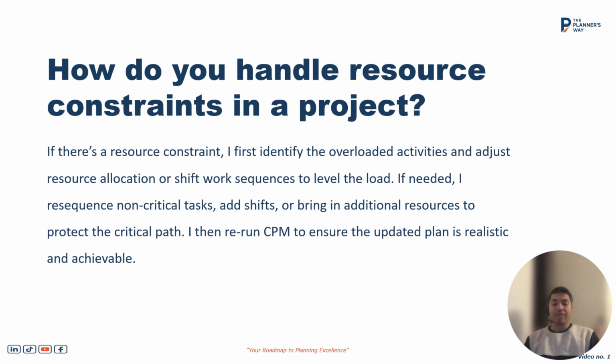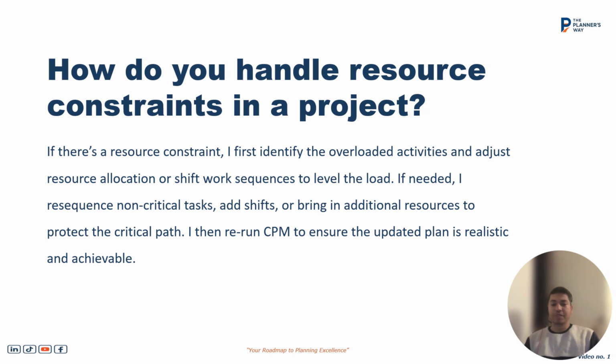We will then figure out any supplementary resource that can be used in its place, or if the resource has only been overloaded, whether we can shift the work sequences to level the resource, or in the worst case scenario, we can resequence the non-critical items and place the resource, or prioritize the critical items.